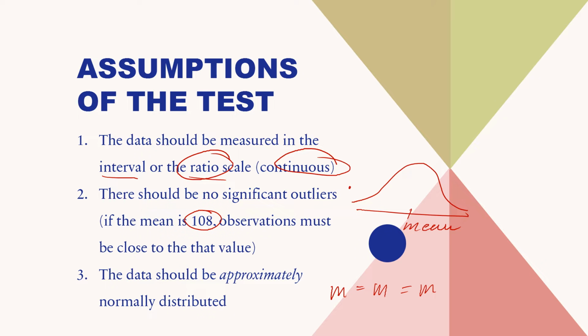So for example, our mean is 108, then our mode and our median should be at least close to 108, if not exactly equal. Okay, so that would be the meaning of approximately normally distributed. Okay, so in our testing, we're going to mention if we have to assume normal distribution or not.